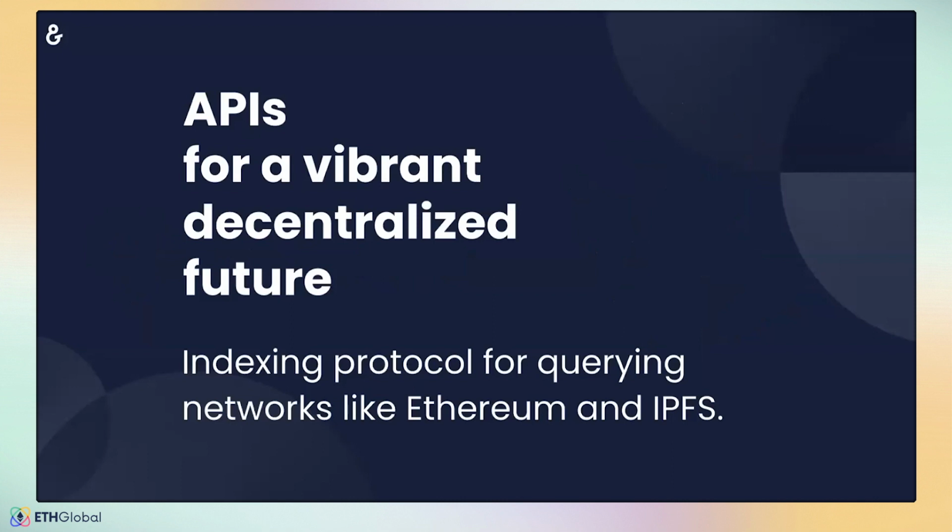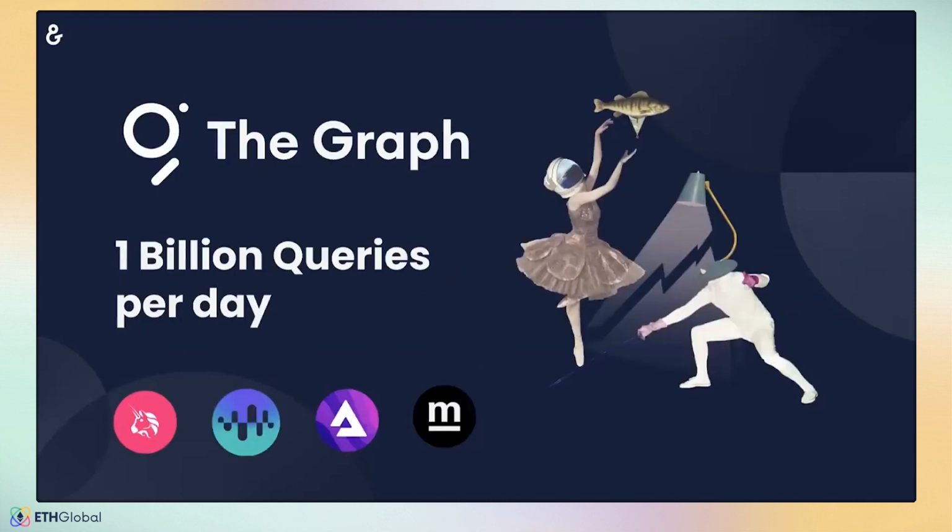More to come soon. On those services, currently 1 billion queries per day, or even a little bit more, depending. So it is really powering a lot of the dapps that we see currently. Uniswap is the most famous example that uses this, but we have also others like Enzyme or Audius or mStable. There are a bunch of them.